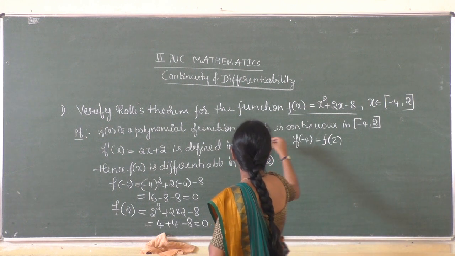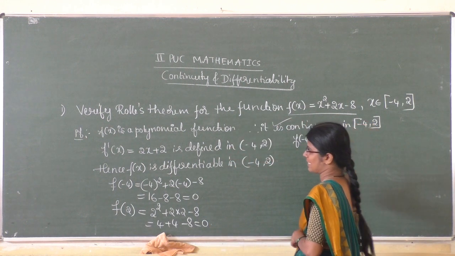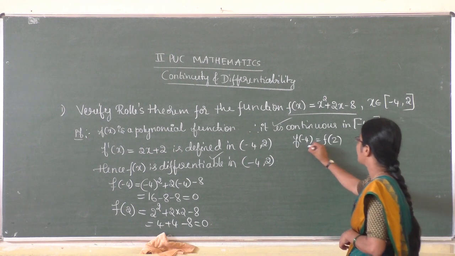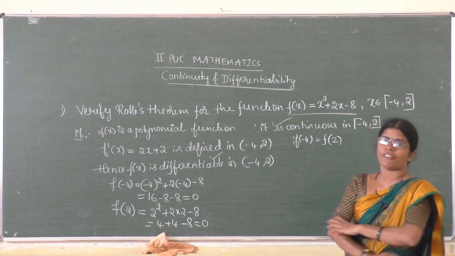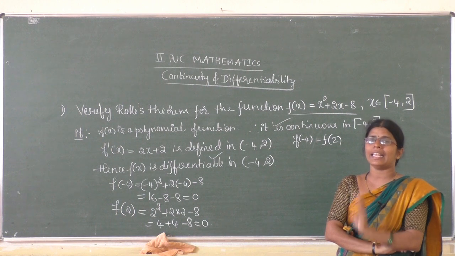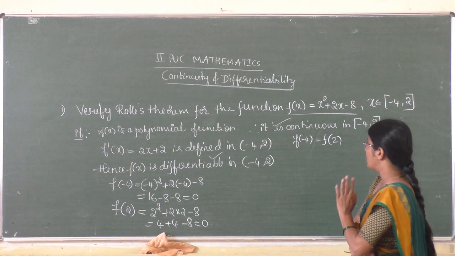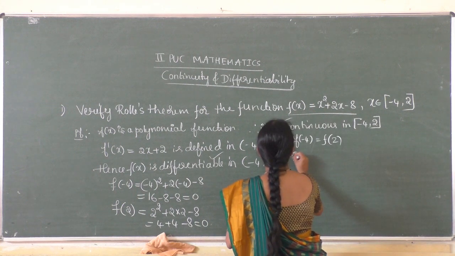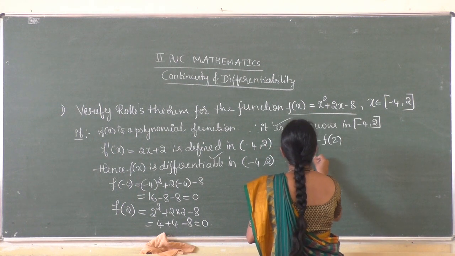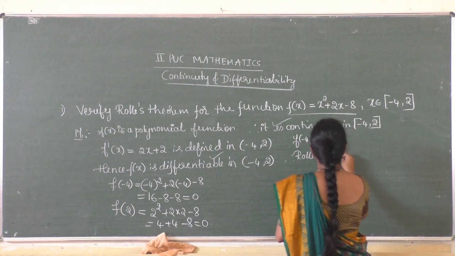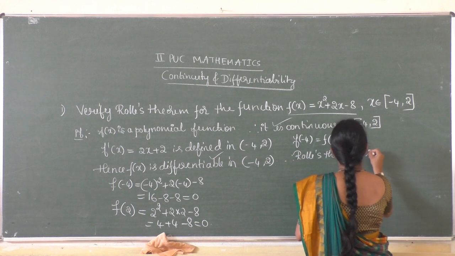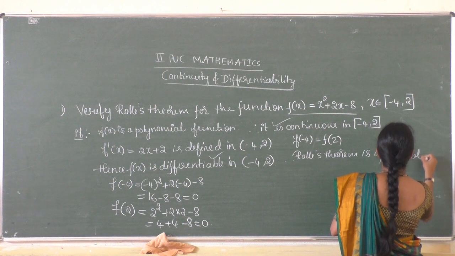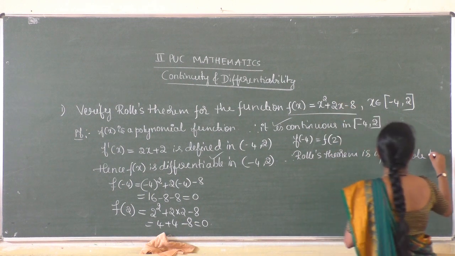So first we got the function is continuous in the closed interval, it is differentiable in the open interval, and f of minus 4 equal to f of 2. Therefore all three conditions of Rolle's theorem are satisfied. That means Rolle's theorem is applicable. Now we can apply Rolle's theorem to the above function f of x.